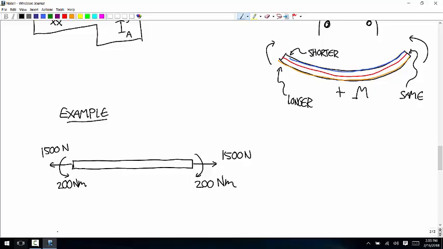So those are couples. They don't contribute at all to the force. And let's say that the cross section is a square, and the length of the sides are 2 centimeters.